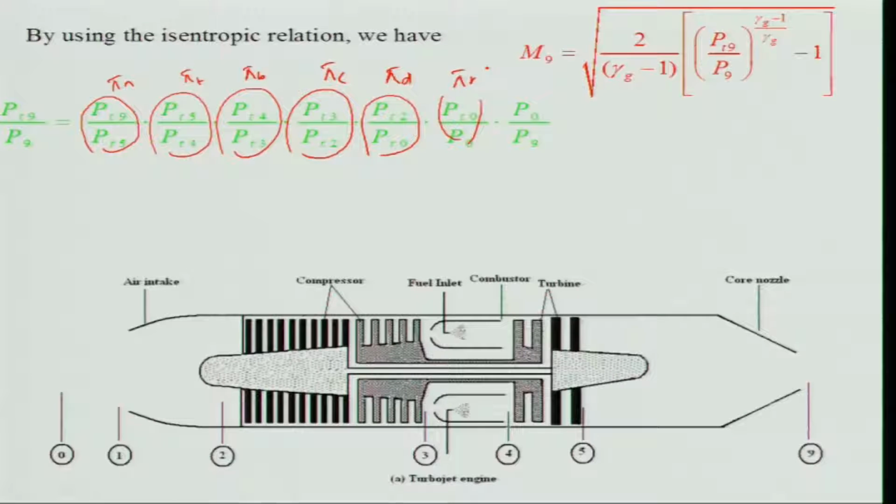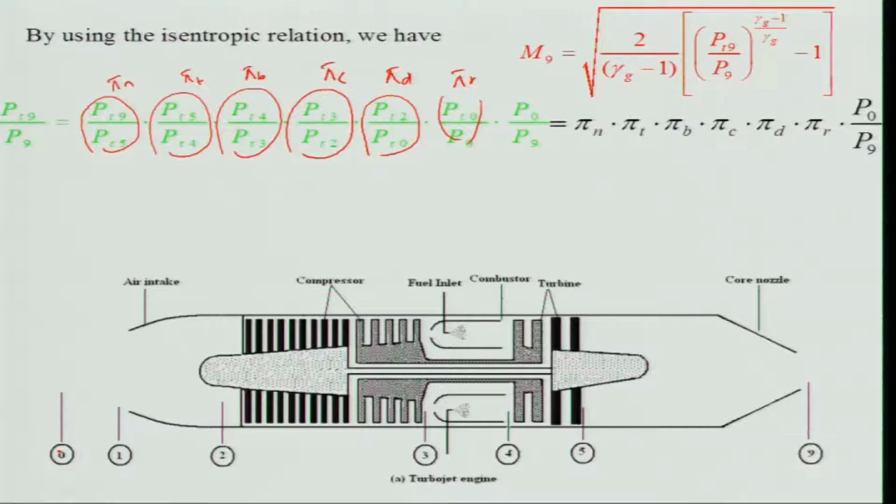Yes or no? Look at the diagram I have shown here: 5 to 9 is your nozzle, 5 to 4 is your turbine, 4 to 3 is your combustion chamber, 3 to 2 is your compressor, and 0 to 2 is your diffuser or air intake. Of course, total to static P0 is nothing but your pi r.